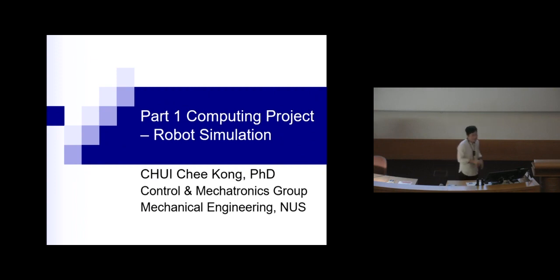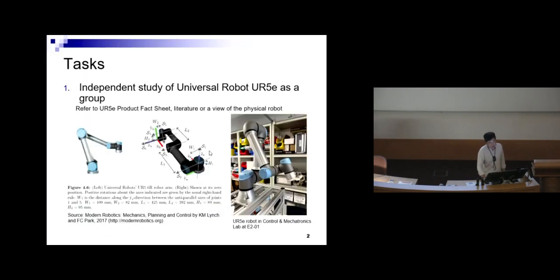The part 1 CA is essentially a computing project on robot simulation. The first task involves an independent study of the Universal Robot UR5e as a group. Universal Robot is a company, and the UR5 is a commercial robot that is quite widely used.